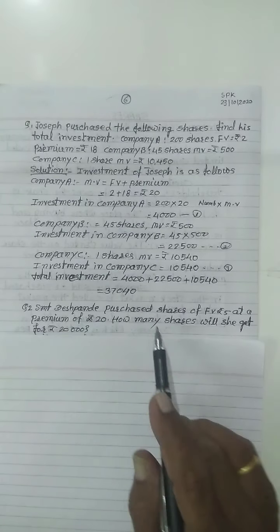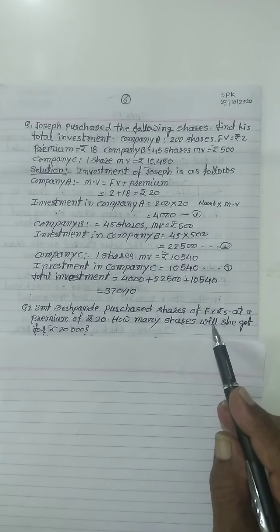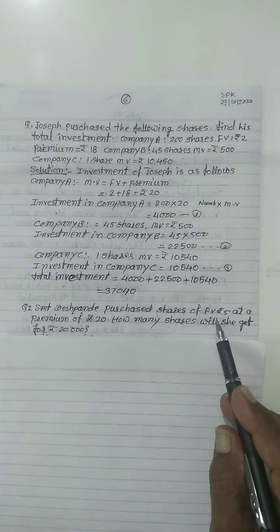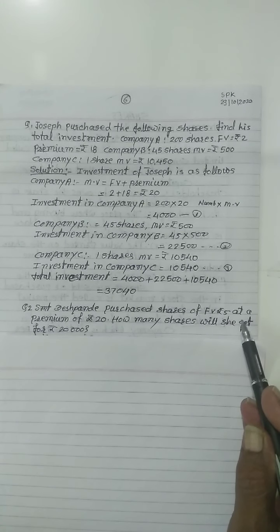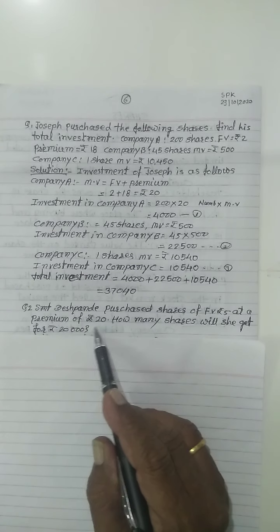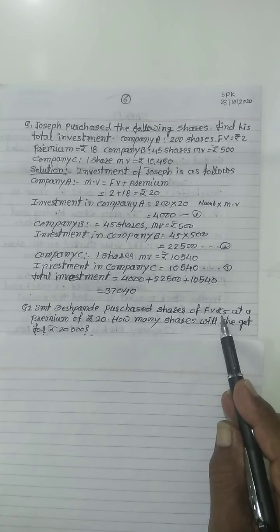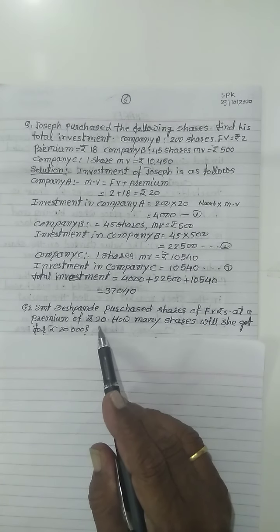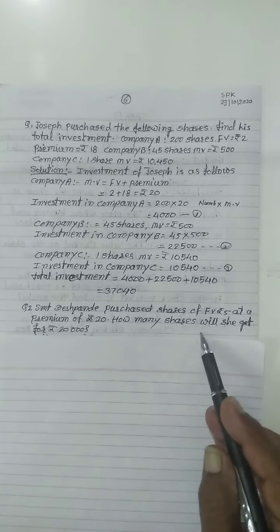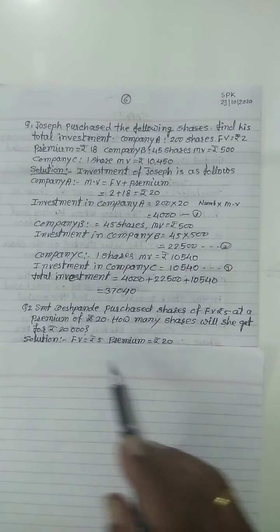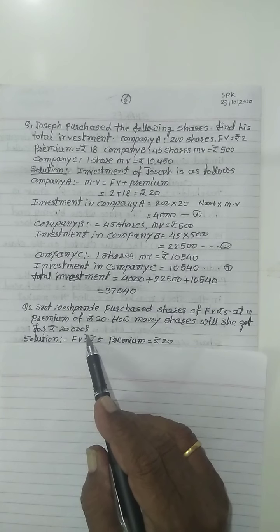Srimati Deshpande purchased shares of face value 5 rupees at a premium of rupees 20. Means the face value of the share is 5 rupees but premium of that share is 20 rupees. How many shares will she get from rupees 20,000?